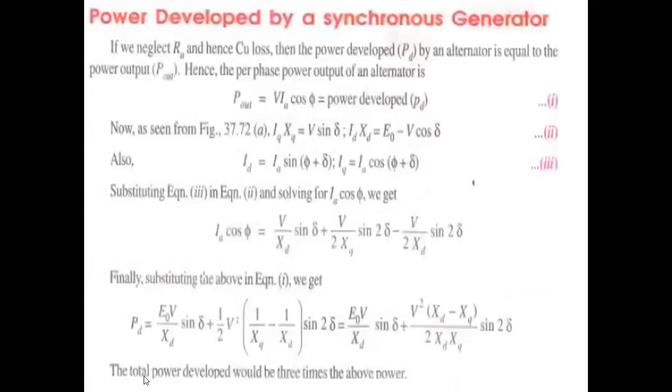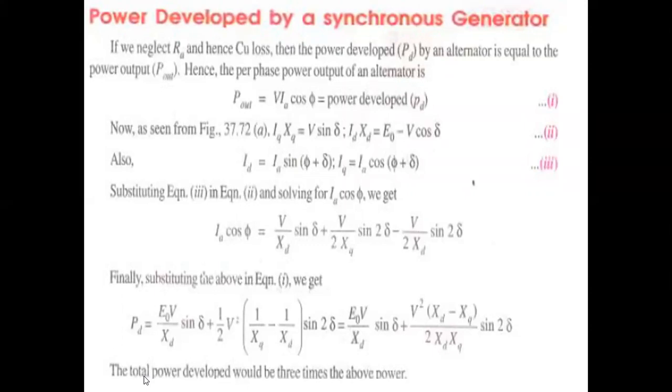Next topic, the power developed by a synchronous generator. Every machine will be developing power. So what is the power developed by a synchronous generator? If you neglect Ra, hence Ia squared Ra, that means copper losses, can also be neglected, and then the power developed Pd by an alternator is equal to the output power.